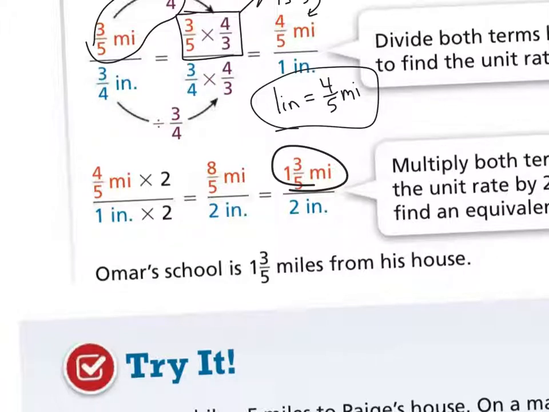And again, once I get this unit rate, I don't care what the distance is to the school. You can tell me it's 7/8 of a mile, whatever, non-nice number, doesn't matter, because I know if I have a 1, I just take 1 times whatever the number is, and that will give me that distance.